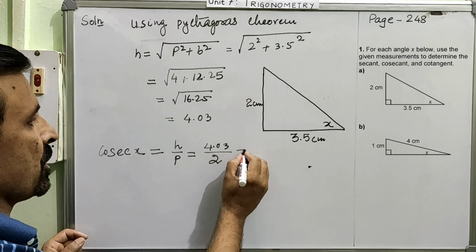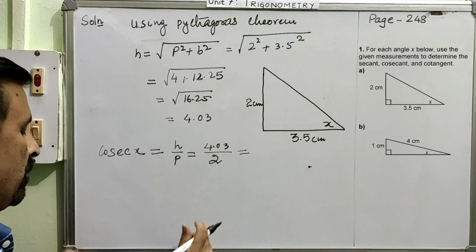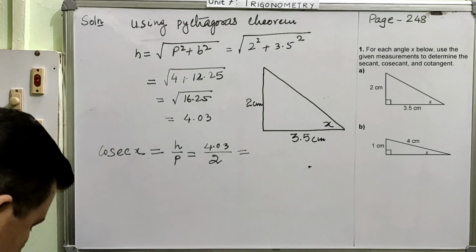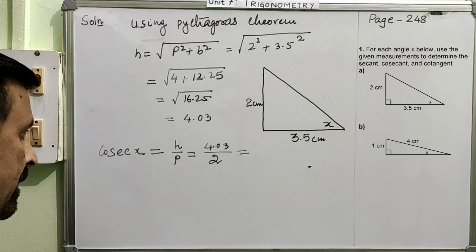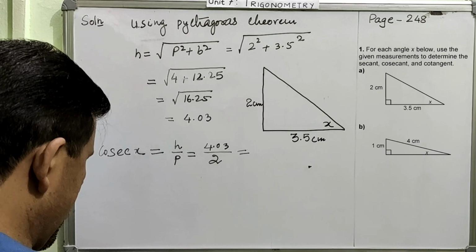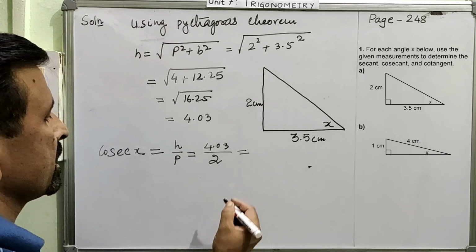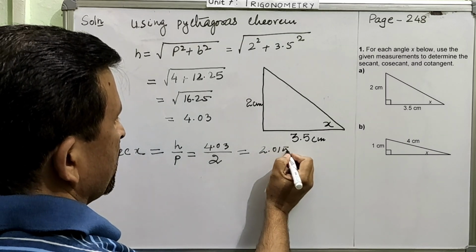So you can calculate further the exact value. Am I very clear? So 4.03 divided by 2 becomes 2.015.